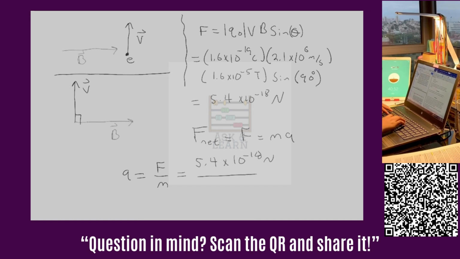And the mass of our electron is 9.1 times 10 to the negative 31 kilograms. Very small. In the end, we see the acceleration from the magnetic field acting on this electron as it moves vertically is about 5.9 times 10 to the 12 meters per second squared.